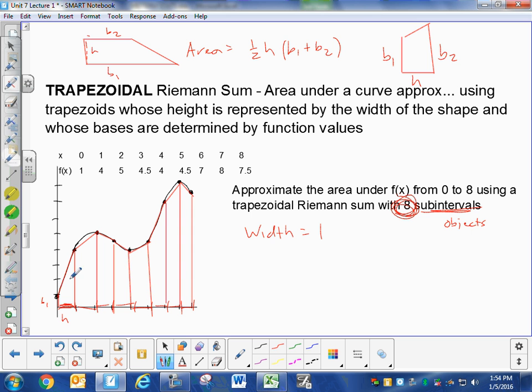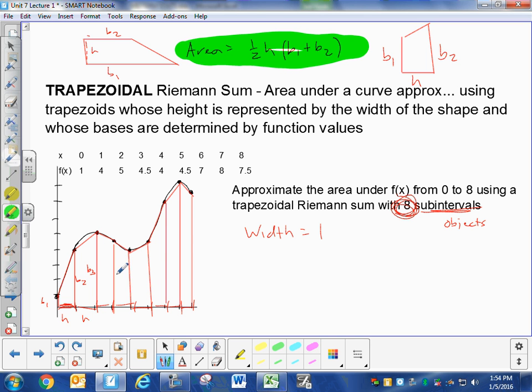This would be B1, and this would be B2. For our second trapezoid, we'd have h. We would use B2, and we'd have B3. Okay? So using this area formula, which you should have down, we can sum up all 8 of these trapezoids.